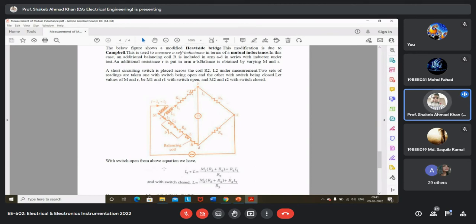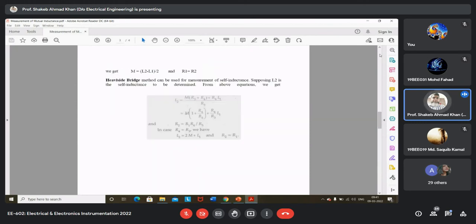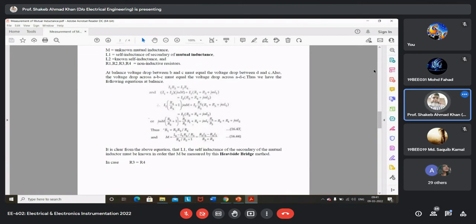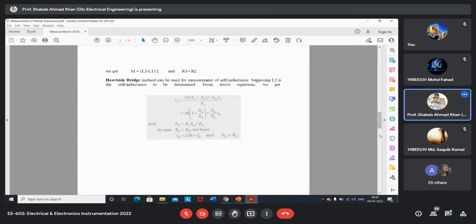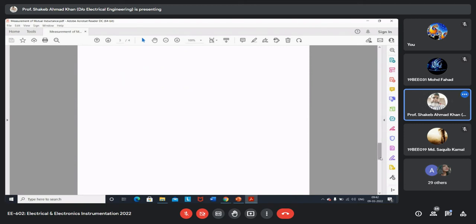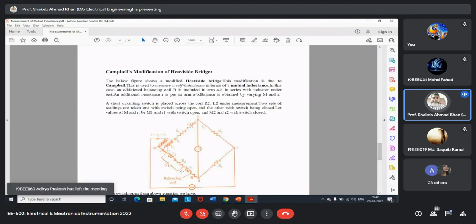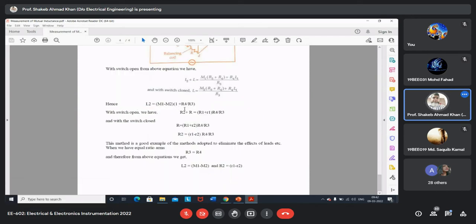When you open the switch, both the coils will be in the circuit, and the bridge remains the same, so this equation: L2 is equal to L2 plus L. This will be your equation.